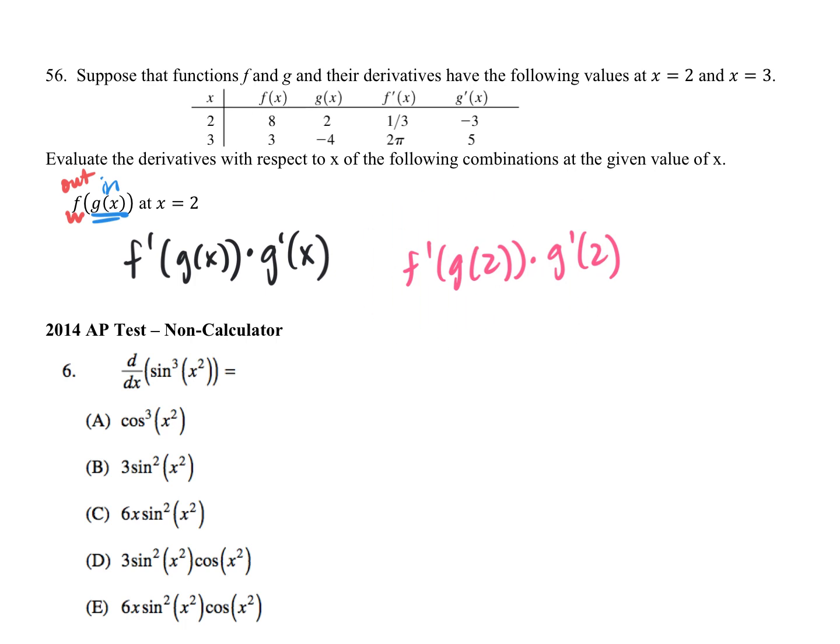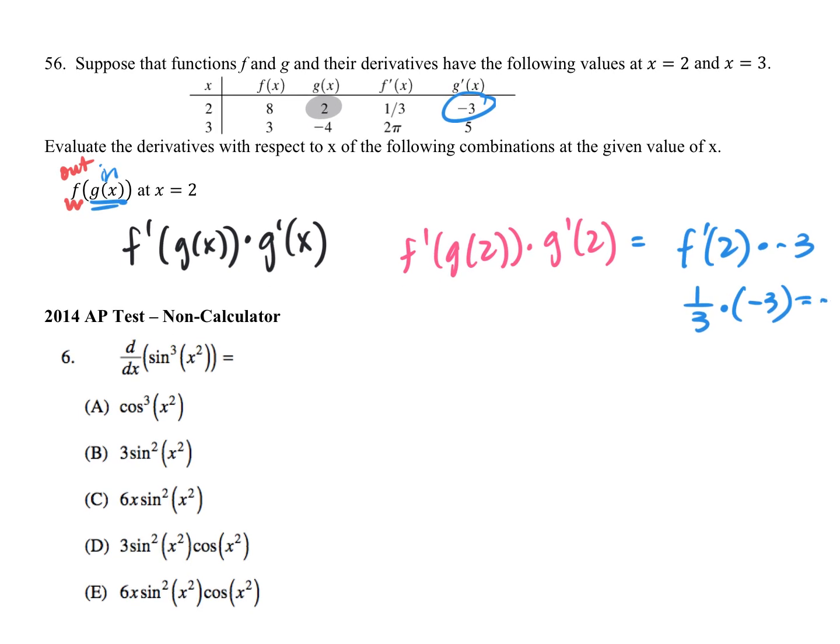What is g of 2 from this table right above? 2. g of 2 is 2. Exactly. So f prime of 2, you're exactly right. And I'm going to even bring over that times. Well, let's go fill this in. What's g prime of 2? g prime of 2 is a negative 3. f prime of 2? 1/3 times a negative 3 gets me a negative 1.